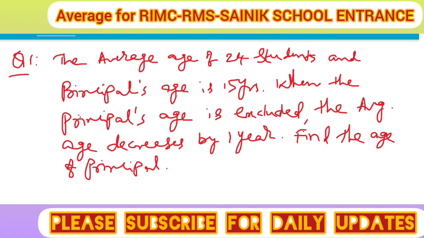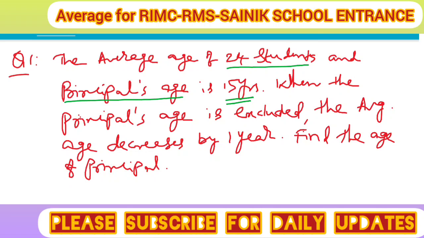See, first question: the average age of 24 students and the principal's age is 15 years given to us.